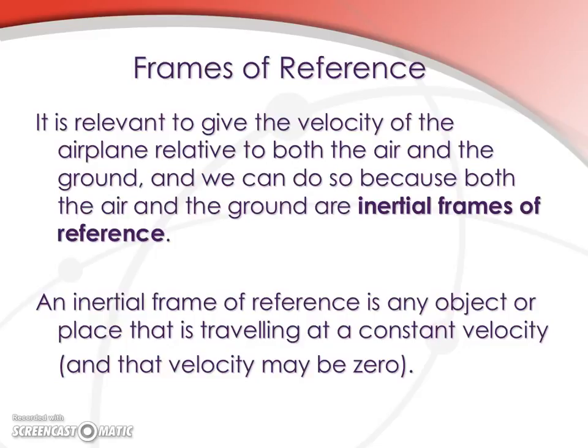We can do this simply algebraically because they both have what we call inertial frames of reference. And there's a really simple definition for this: an inertial frame of reference is any object or place that's traveling at a constant velocity. And of course, we know from our previous work that a velocity of 0 is still constant.